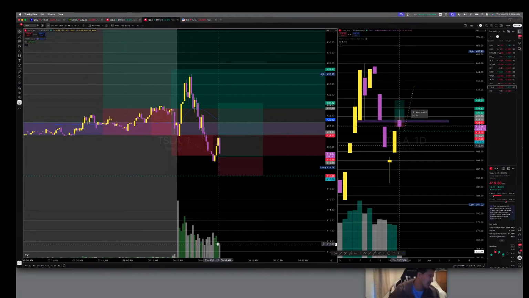But the volume's not that strong, to be honest. It's 3 green candles, but volume was not that strong to break out of this. So 3 weak green candles.